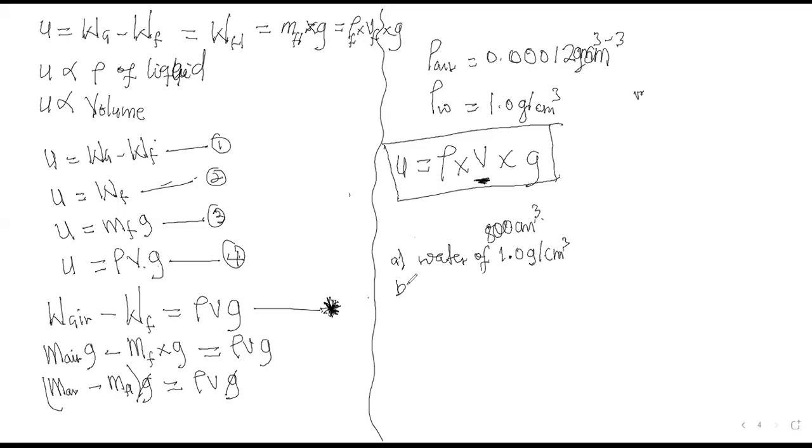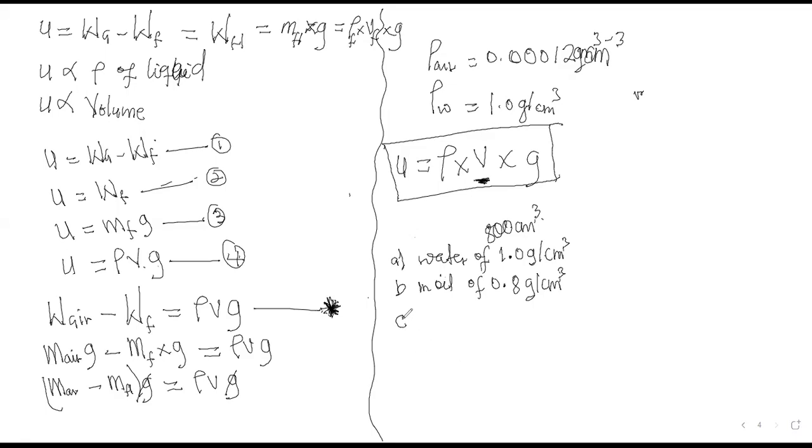B, in oil of density 0.8 gram per cm cube.